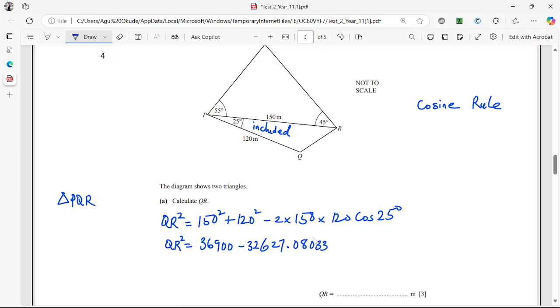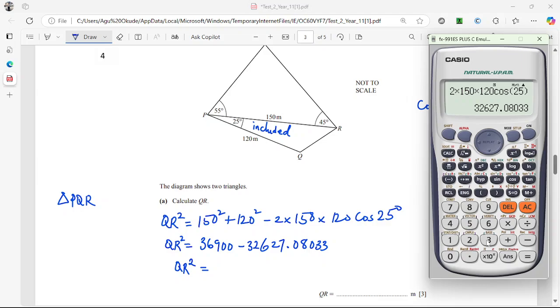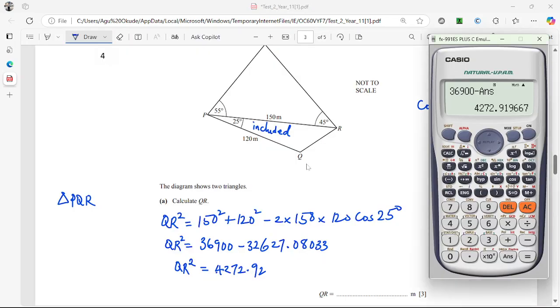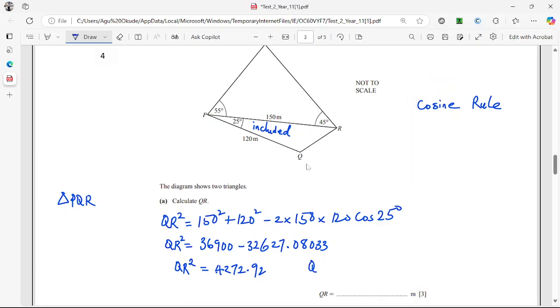Now when I subtract those numbers, QR squared is equal to 36,900 minus the answer. So I have 4272.92. All right, so that makes sense. Now I'm going to take the square root to get the value of QR.